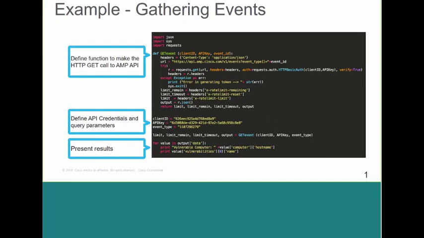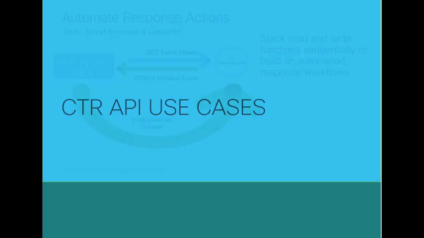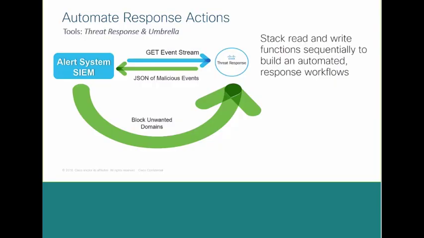Here's a couple of Threat Response API use cases. We're going to automate some response actions. So again, we get the event stream from Threat Response into alerts, into our SIEM that collects all of our alerts. And then when we see an alert with domains that matches certain other parameters, we're going to go back to Threat Response and tell it to block those domains.